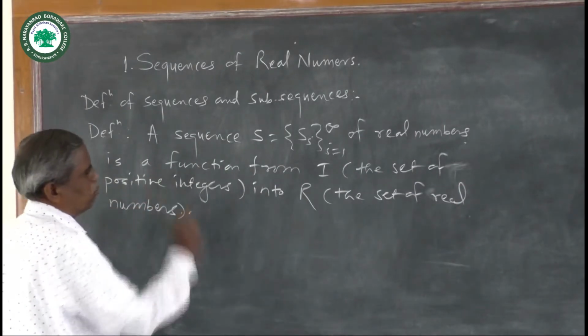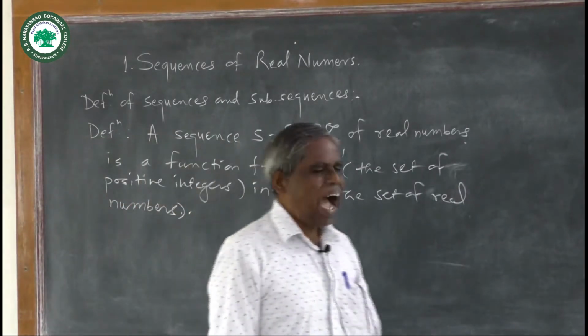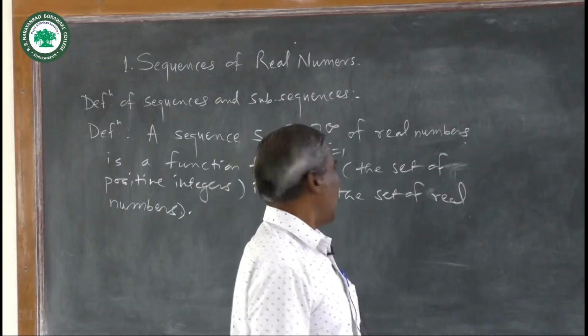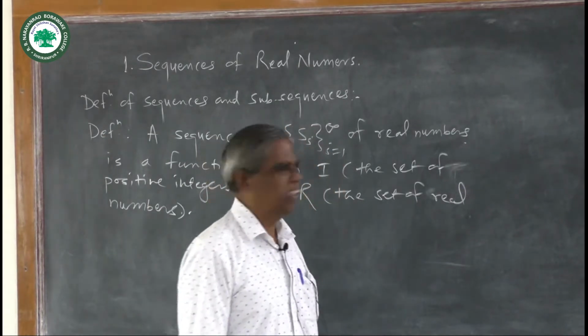Here I is domain of this function and R is codomain of the function.